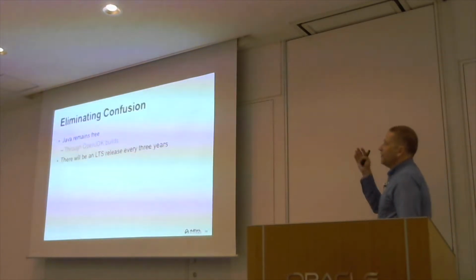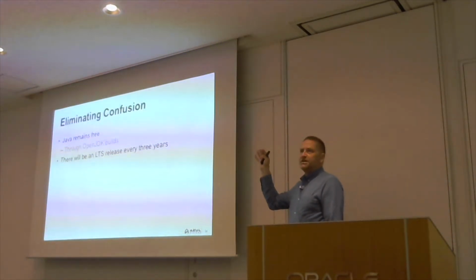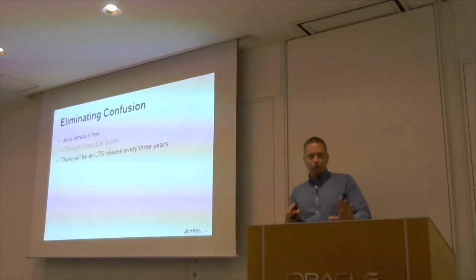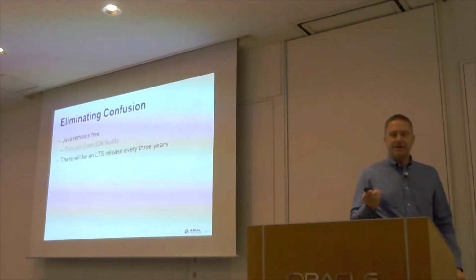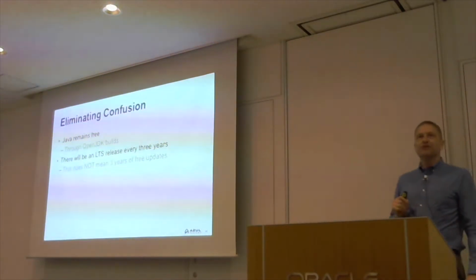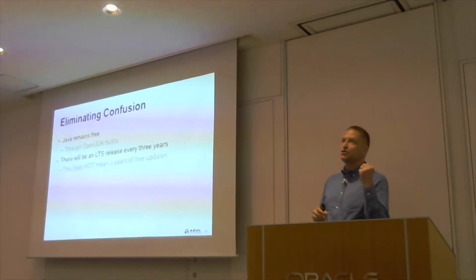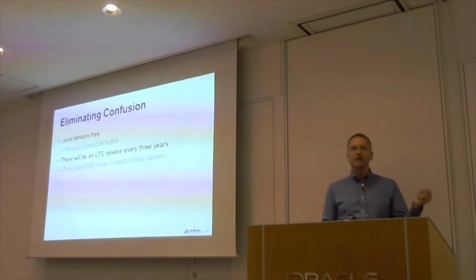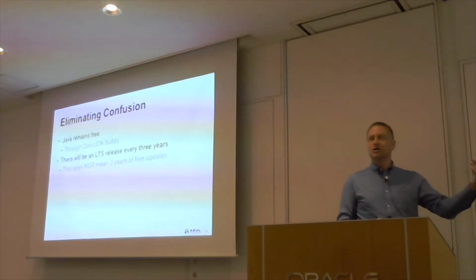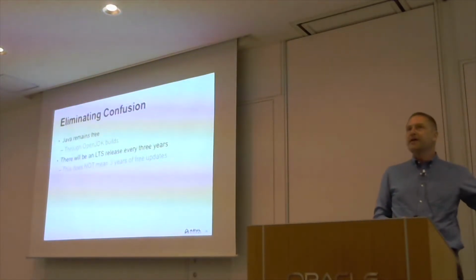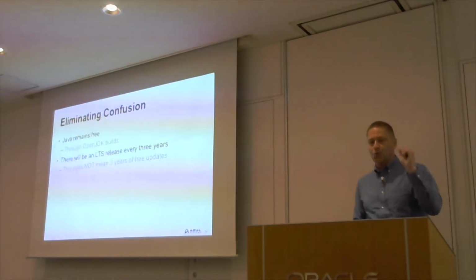I have said there will be a long-term support release every 3 years. Great. What that doesn't mean, though, is that's 3 years of free updates. A lot of people think that because JDK 11 is a long-term support release, and there is a new long-term support release every 3 years, that they get 3 years of updates. No, you do not.